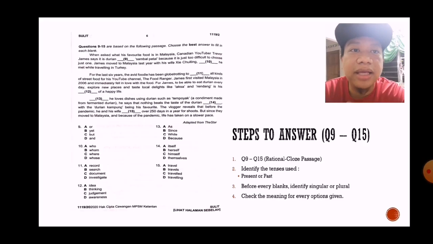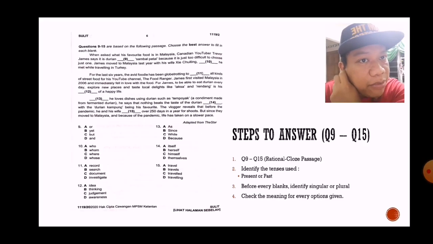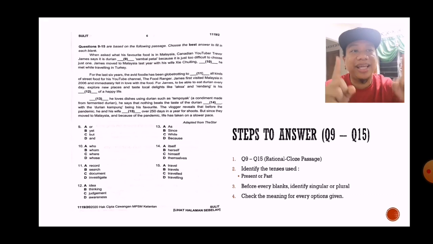Next, after the blank is sambal petai, because it is just too difficult to choose just one. So as you can see, there are two different ideas. One is durian, one is sambal petai.